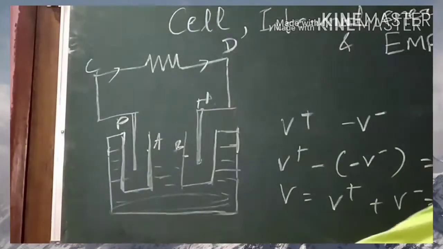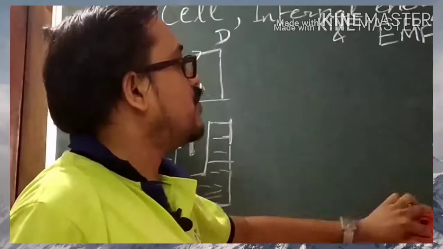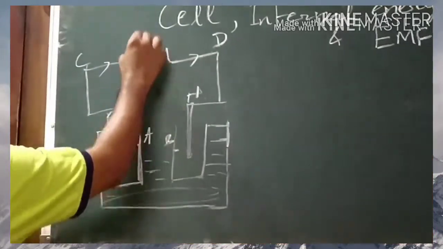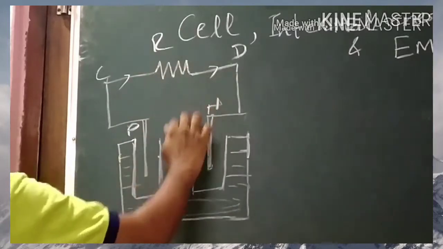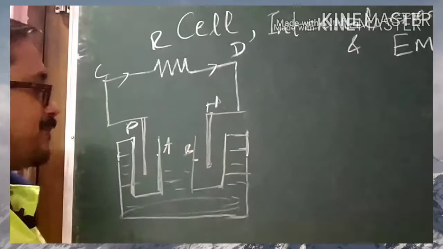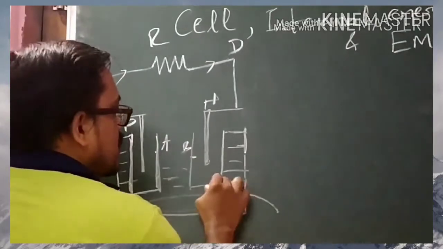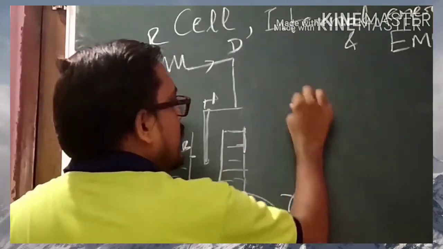Now to understand the significance of the electromotive force, let us insert a resistor in between the two electrodes. This is the resistor which we have connected between the two electrodes. The electrolytic solution also offers a very small resistance, which is called the internal resistance.